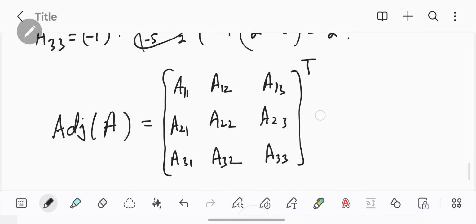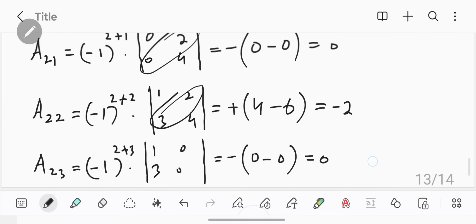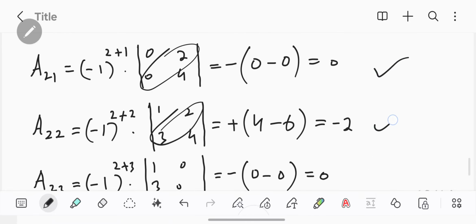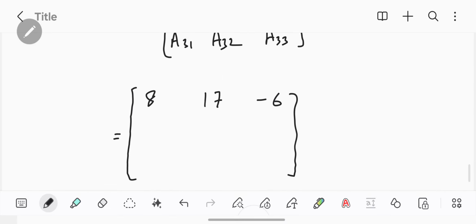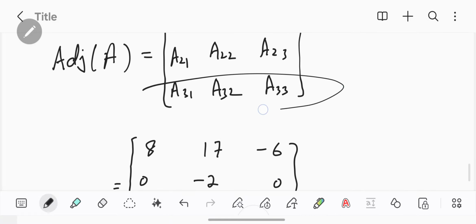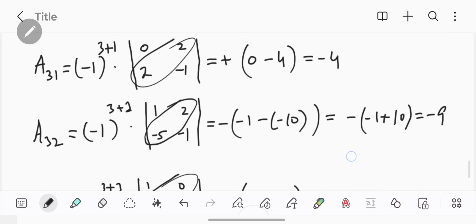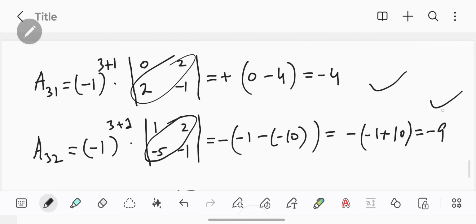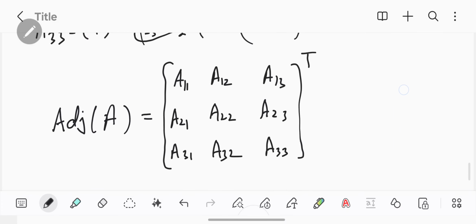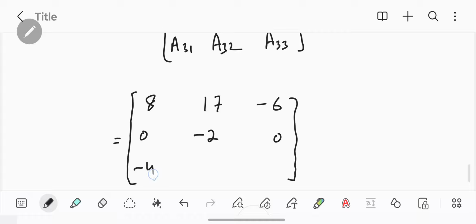Then A21, A22, A23 are 0, minus 2, 0. So I will write 0, minus 2, and then 0. And the last three values are minus 4, minus 9, and 2. So minus 4, minus 9, and 2.